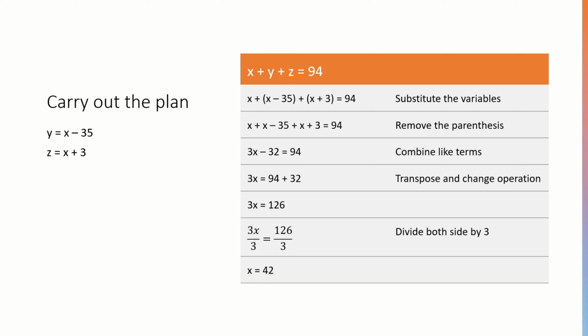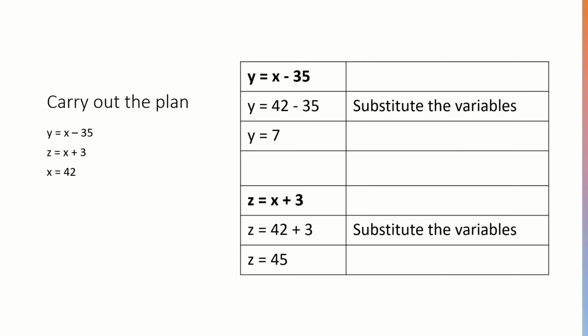And now, to completely solve the problem, we also need to compute Lucy's and Mark's ages. So, as we find Lucy's age, y is equal to x minus 35, we substitute the variable x, which is equal to 42. So y equals 42 minus 35 is equal to 7.